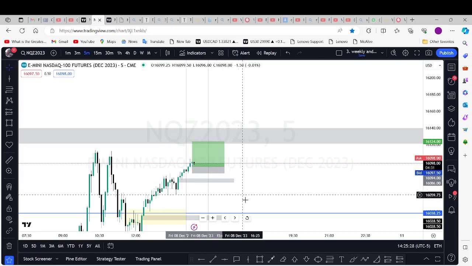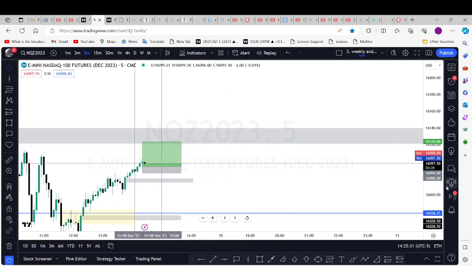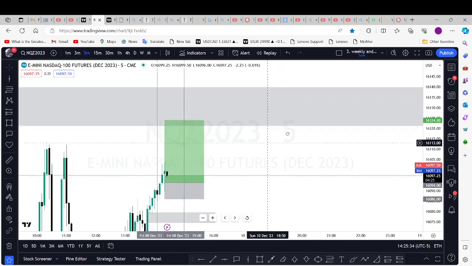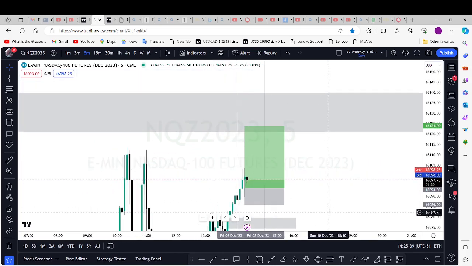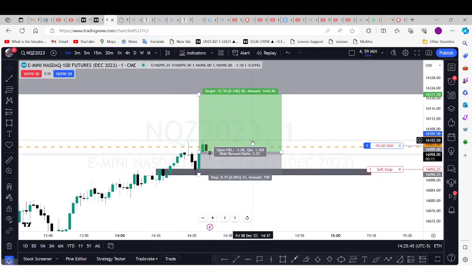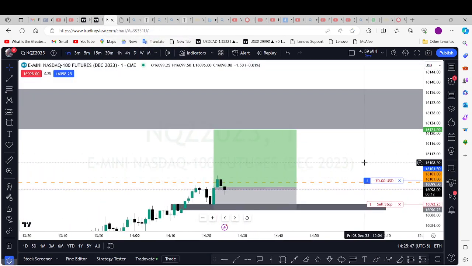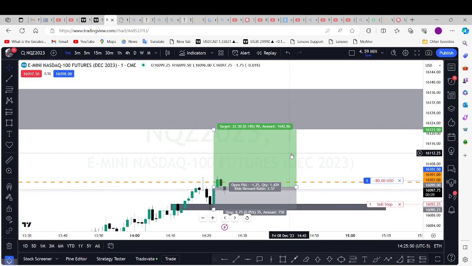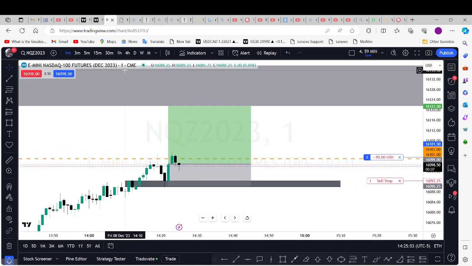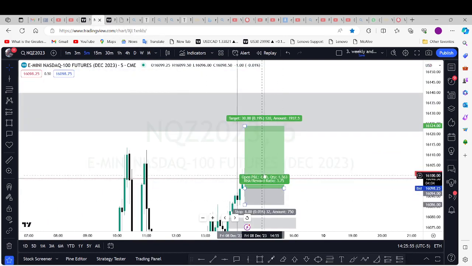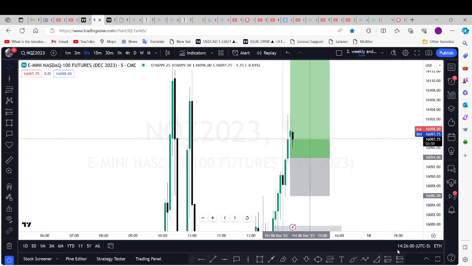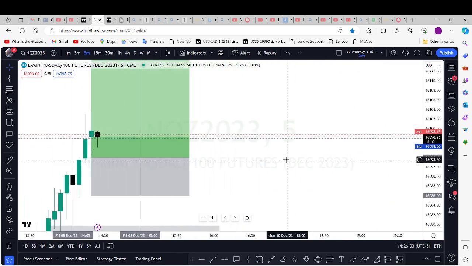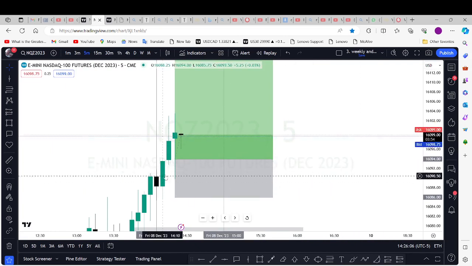I'm trying to utilize a silver bullet entry right here, utilizing what we have right there. Hopefully, let me go to this chart, because remember what I said about, yes, let's just utilize what we have here, entry on a 5-minute, but we even accommodate this one right here.